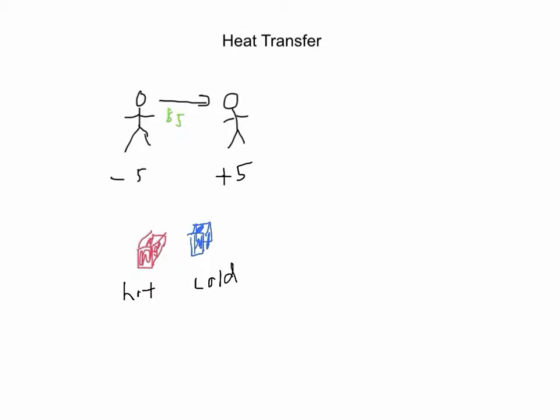We described before that heat gets transferred from high temperature to low temperature. So we'll show that the heat's going to go from the hot object to the cold object, meaning that we lose heat from the hot object, and the cold object gains heat, negative Q and positive Q.